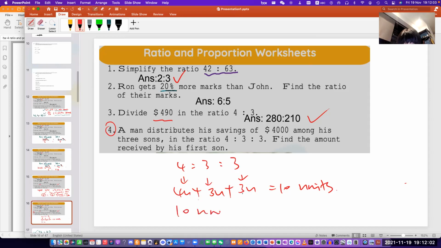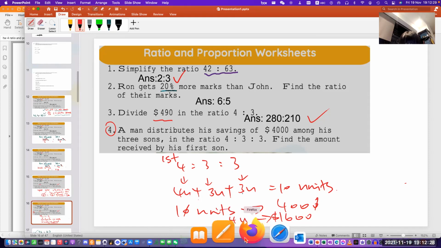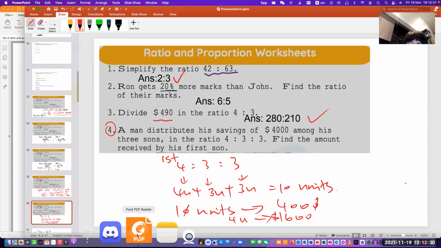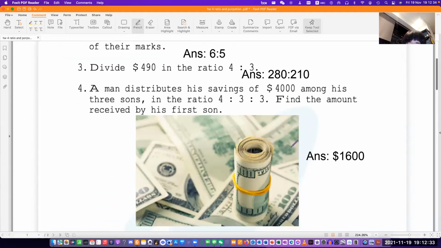So 10 units is $4,000. So 1 unit is 400. And then of course, over here it says find the amount received by his first son. I am assuming this is first. So 4 units will be $1,600. Did you get 1,600?